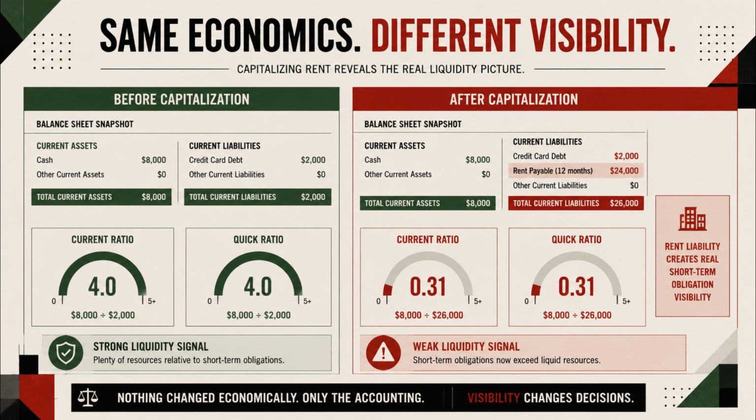And again, the quick ratio is also 0.31. Nothing changed economically. The person already owed the rent. Only the accounting treatment changed, but suddenly the liquidity ratio tells a completely different story. And arguably, this is a much more realistic one.